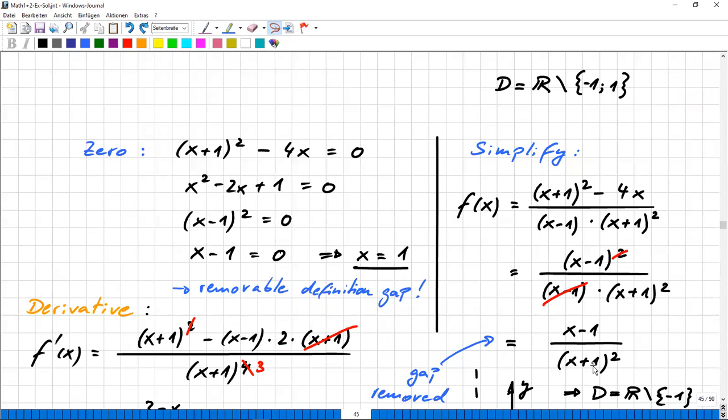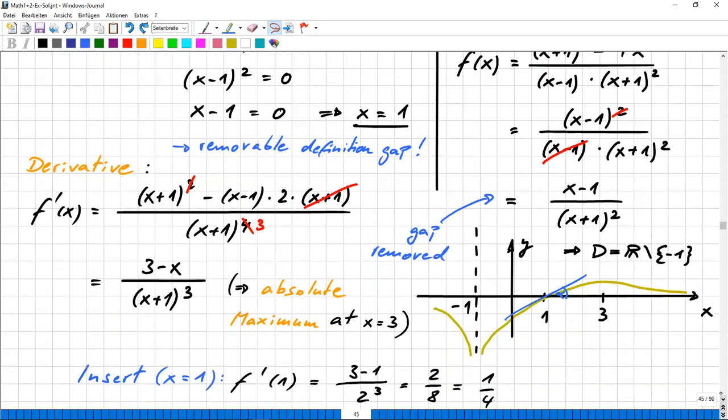It also clearly has a vertical asymptote and a true definition gap at -1, which is twofold. So multiplicity 2 means we have a pole at this position with no sign change. Look here, this is the pole. But we also have a simple 0 at x equals 1.